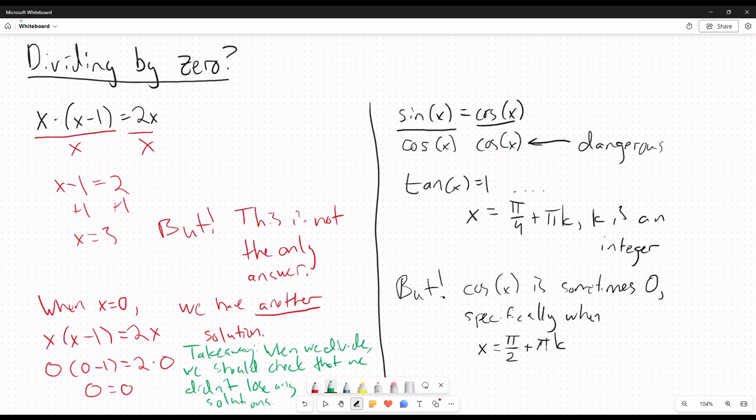And you can do that by simply checking where the denominator equals 0, where the thing you divided by equals 0, and check that those places aren't solutions.